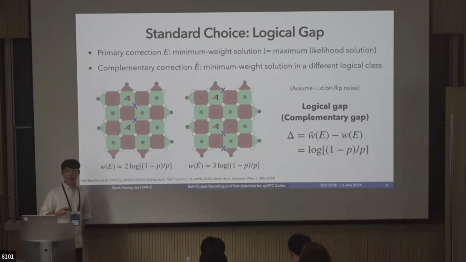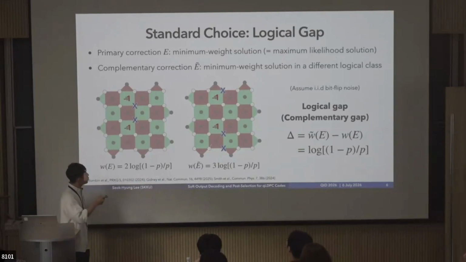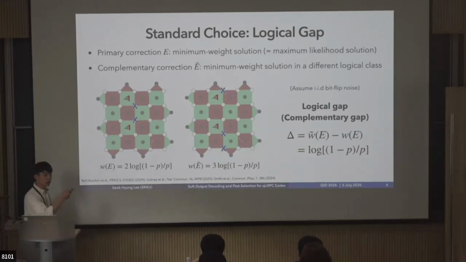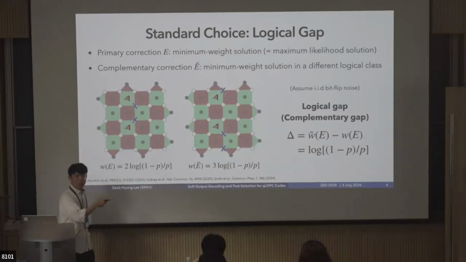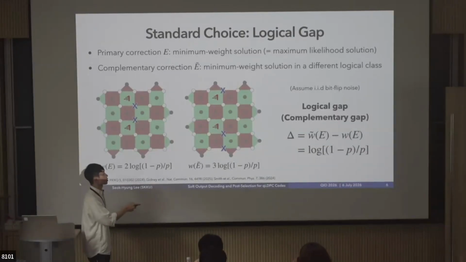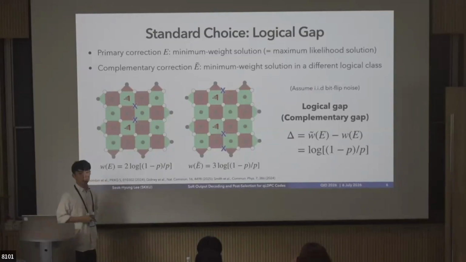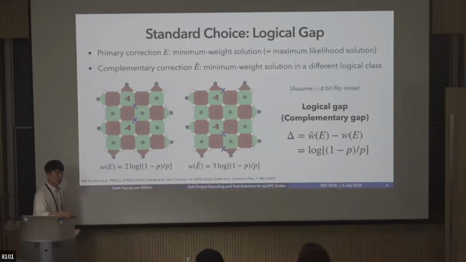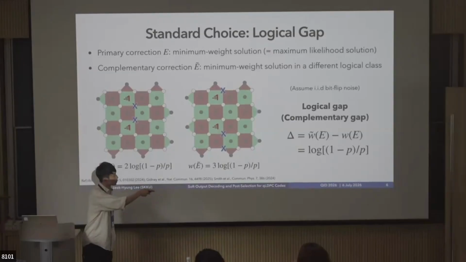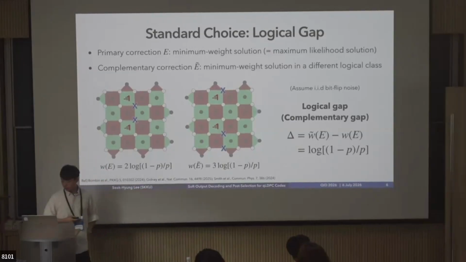I will explain it in more general language in later slides. So for the surface code we can do that, and the logical gap, or the complementary gap, is defined as the difference between these two log likelihood ratio weights. In this case, it will be like this.